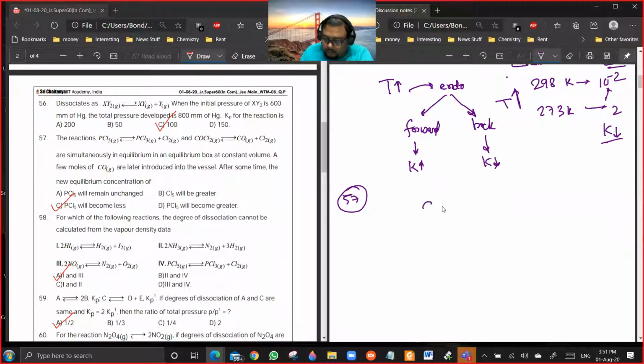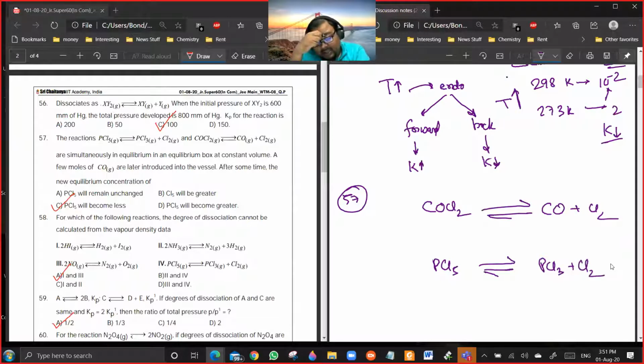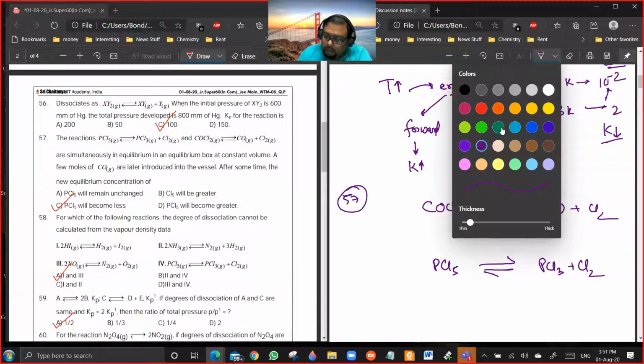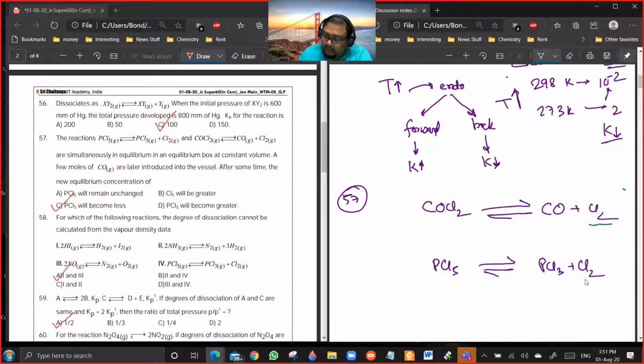First is COCl2 giving CO plus Cl2, and the second equilibrium is PCl5 giving PCl3 plus Cl2. Now this is a simultaneous equilibrium and it is having chlorine as the common species.